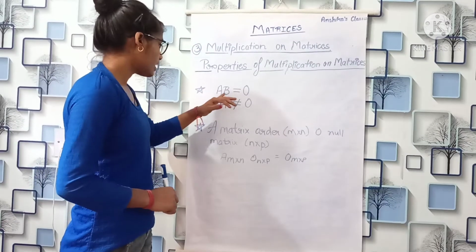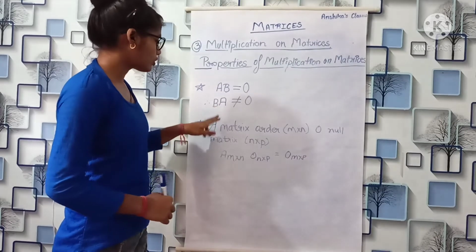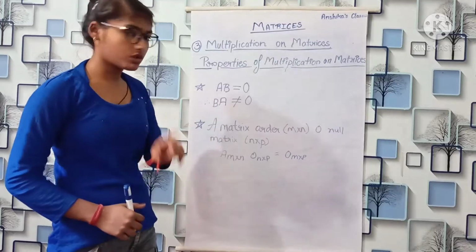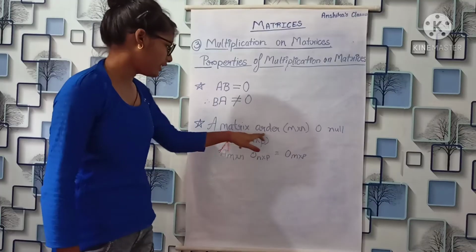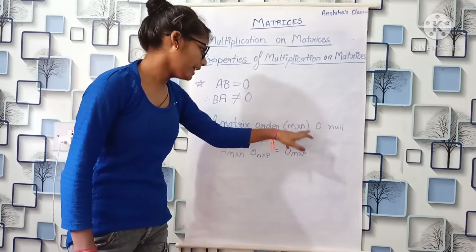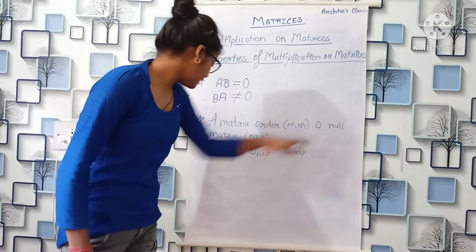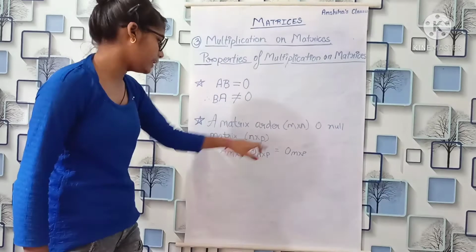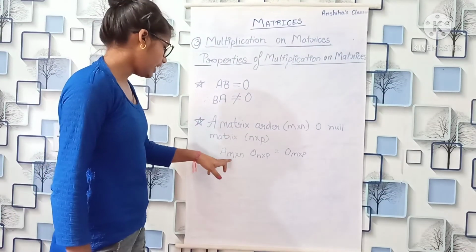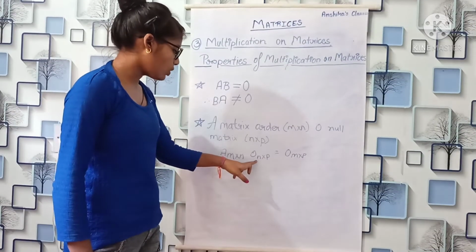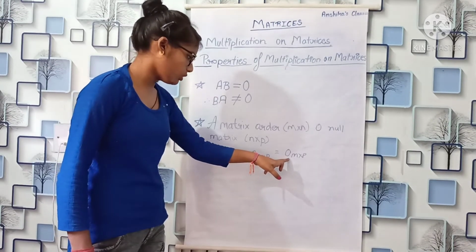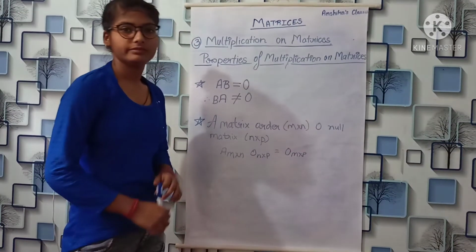Then AB equal to O does not mean BA equals O. If A is a matrix of order M into N and O is a null matrix of order N into P, then A times O is equal to O of order M into P.